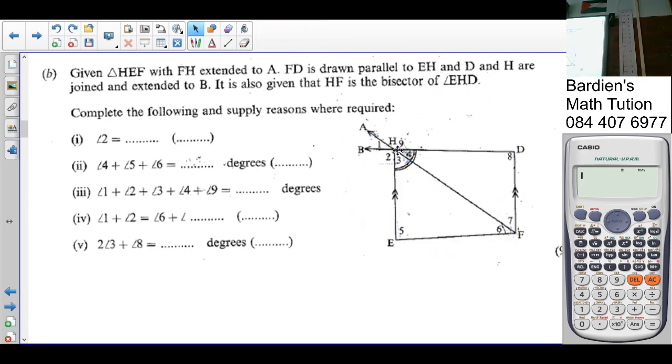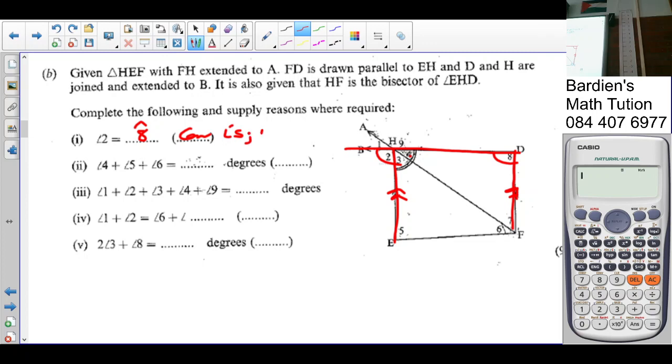Okay. So angle 2. What do we know about angle 2? Angle 2 is equal to? Remember these lines are parallel here. To angle 8. Why? It's corresponding.